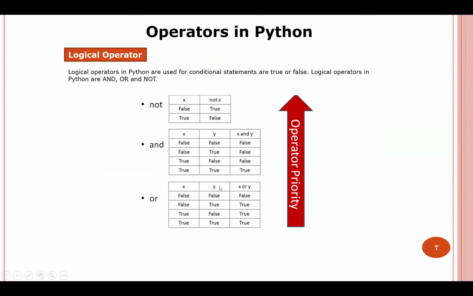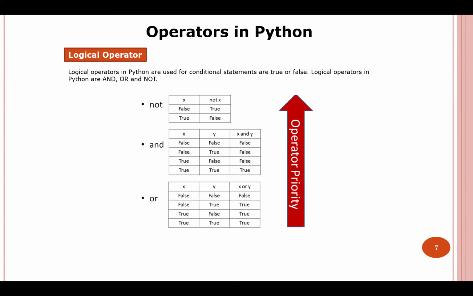Now, after that, there is another very important operator. That operator is called the logical operator. Now, what is the meaning of the logical operator? In Python, normally in all the languages, there are three types of logical operators: or, and, not.